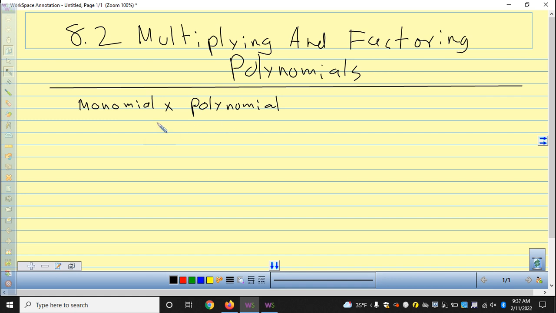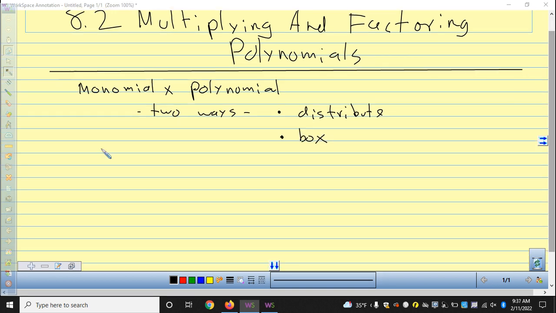We can think of this in two ways. We're going to either think about distributing, or we can use what we call the box. So we'll do a couple of examples. That's really the best way to think about it.